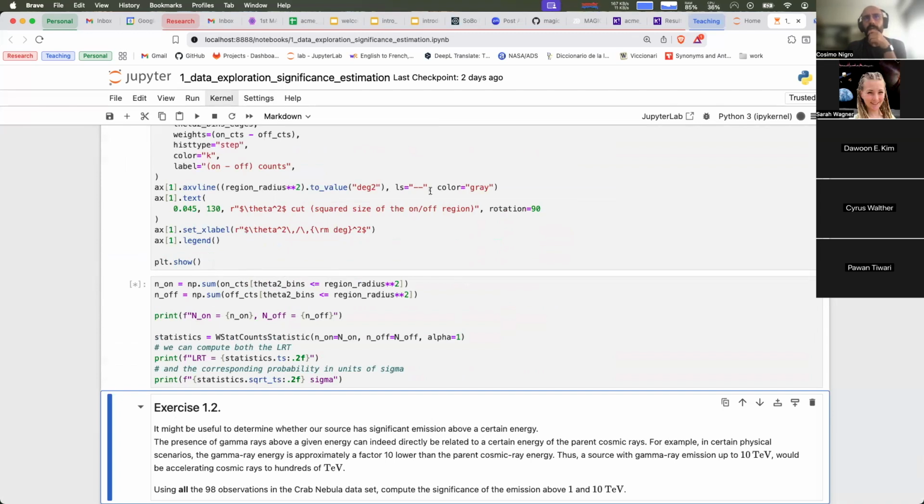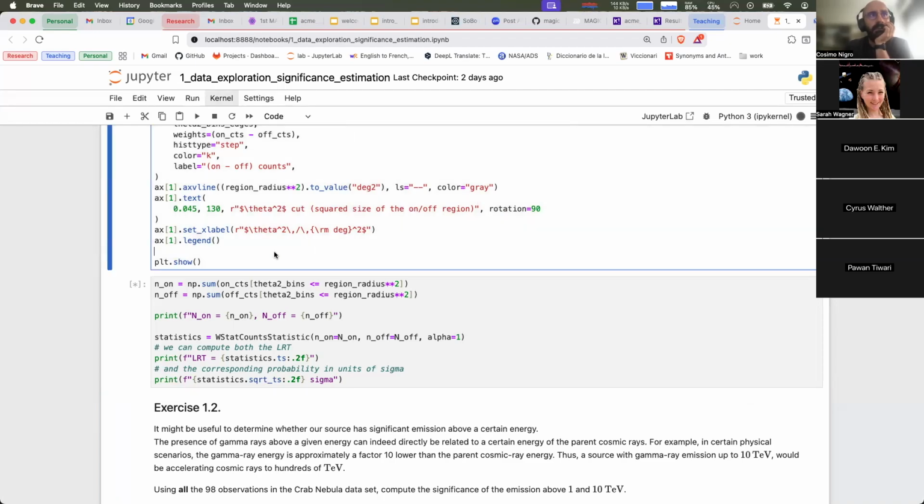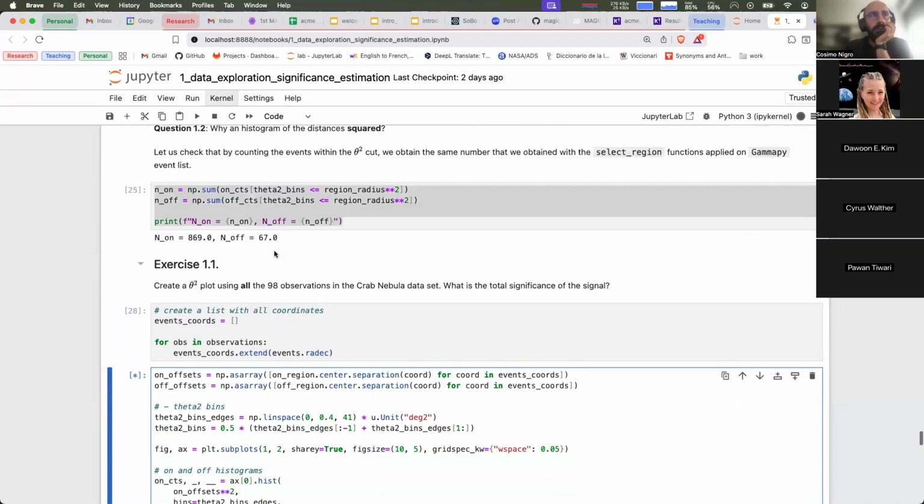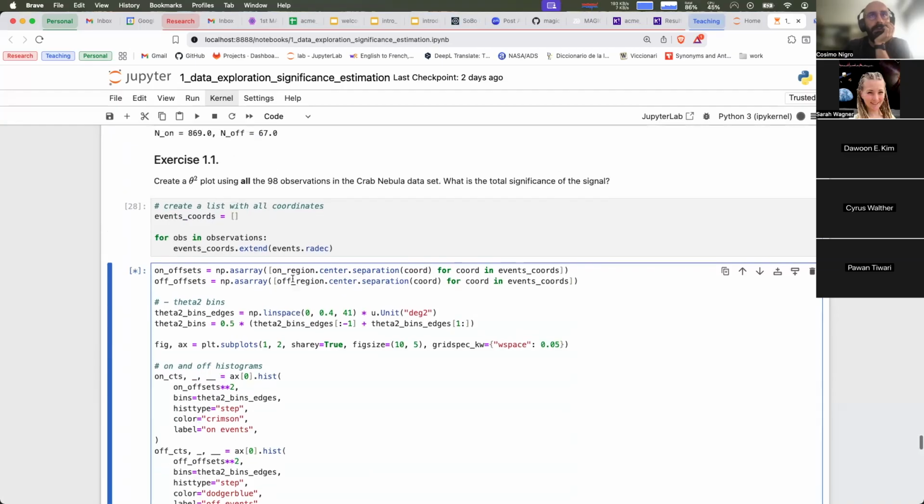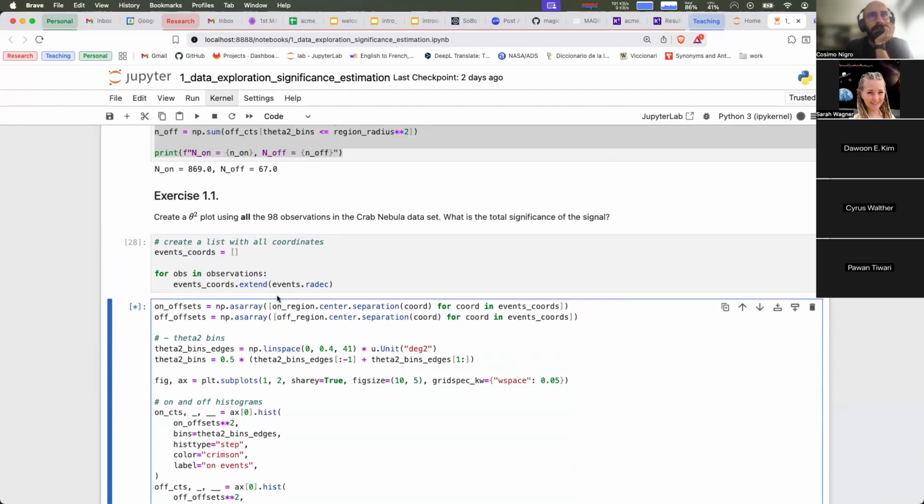Okay, thank you, Fernando. So basically, Fernando used, you can see it in the chat, the vstack function of Astropy table, and then he just stacked all the events together. Yeah, I think that's more efficient than doing the loop with the list. Let's see.